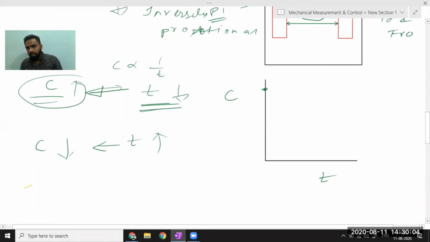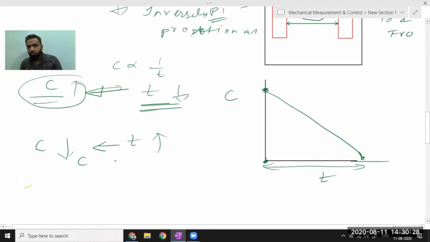So if I try to plot this, it will be inversely proportional. It can be linear, it can be non-linear, it depends, but automatically we can say this will be inversely proportional. Now C is more when T is less. You can see C is very high when T is almost equal to 0, and when C is very low, T is very high, the distance between the plates is high.